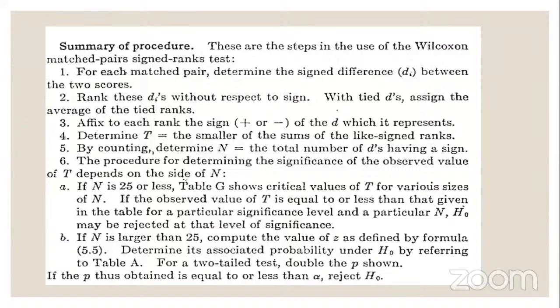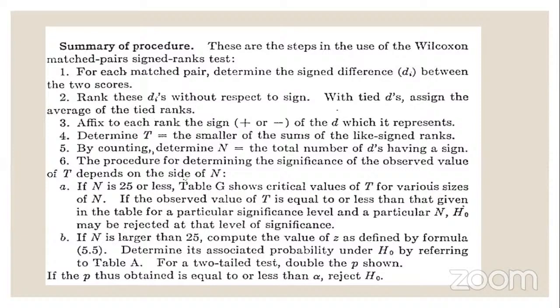If n is 25 or less, table G shows critical values of t for various sizes of n. If the observed value of t is equal to or less than that given in the table for a particular significance level and a particular n, the hypothesis may be rejected at that level of significance.